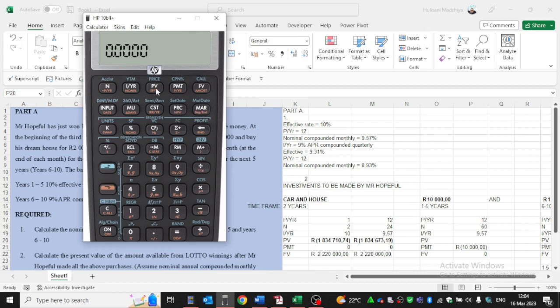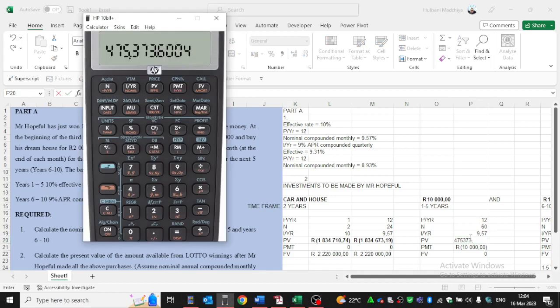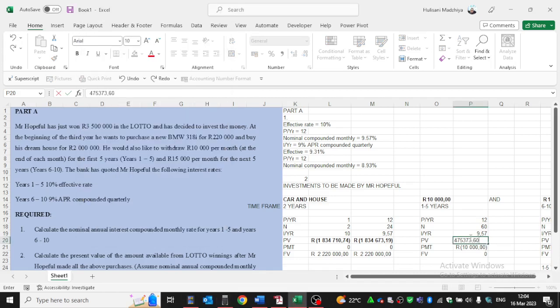So therefore we can calculate our present value to be 475,373.60.